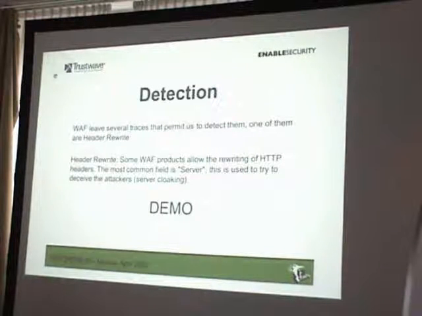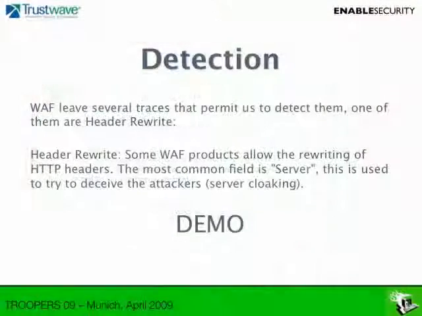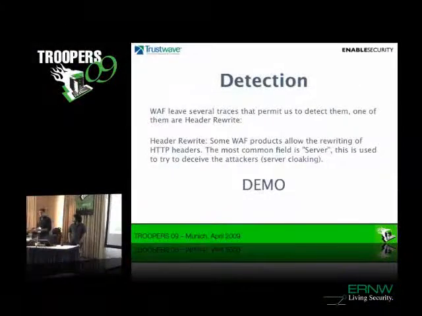Well, another common way to detect web application firewalls: in theory, a lot of them claim to be stealth, but they are not. In a lot of cases, they rewrite some headers. The most common header that they rewrite is the server header, sometimes trying to cloak from the attacker. There are different implementations.